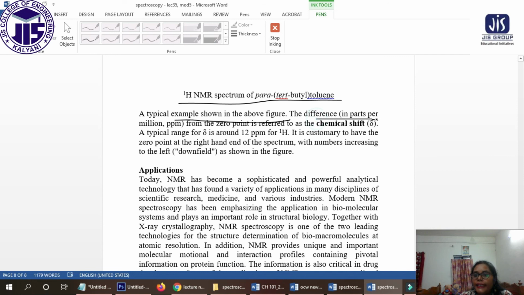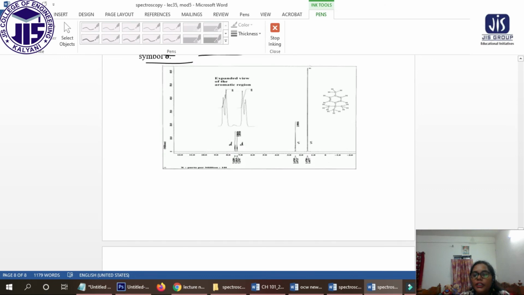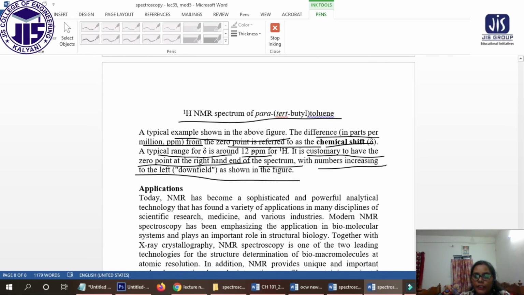The difference in parts per million from the zero point is referred to as the chemical shift, delta. A typical range for delta is around 12 ppm for proton, and it is customary to have the zero point at the right-hand end of the spectrum, with the numbers increasing to the left, as shown in the figure.